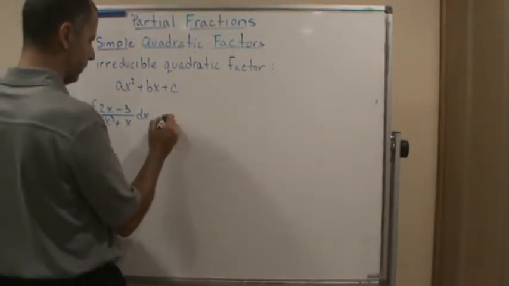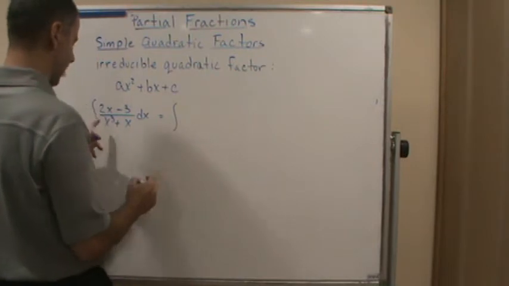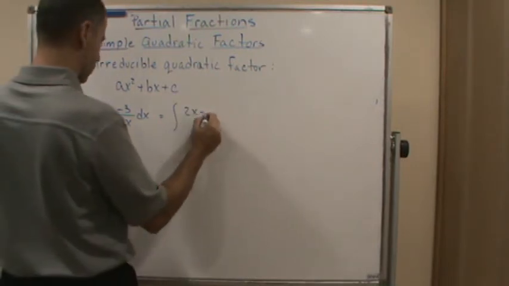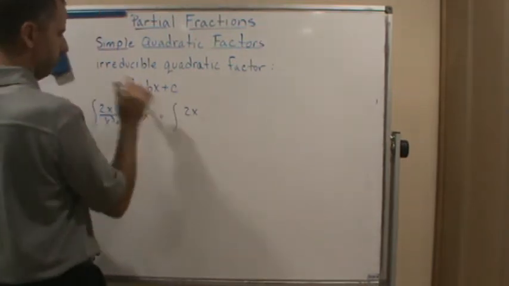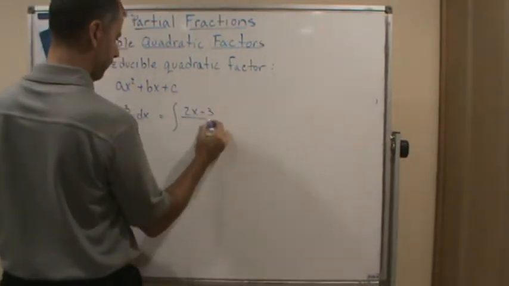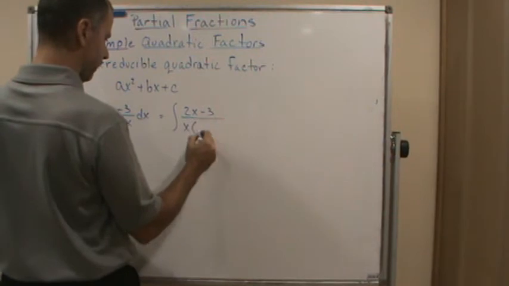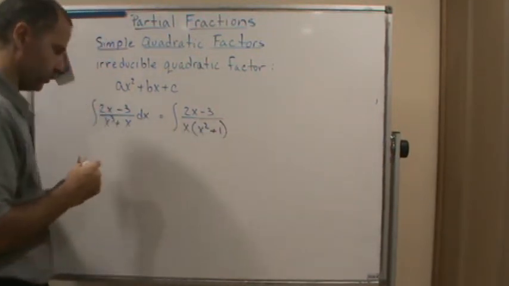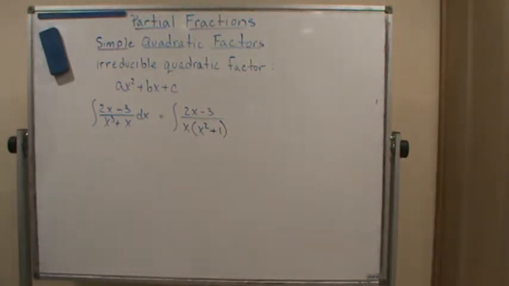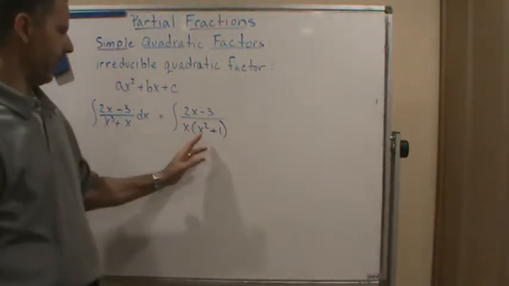Now we're going to factor this, and rewrite it as 2x minus 3 over x times the quantity x squared plus 1. Notice that we have two factors.